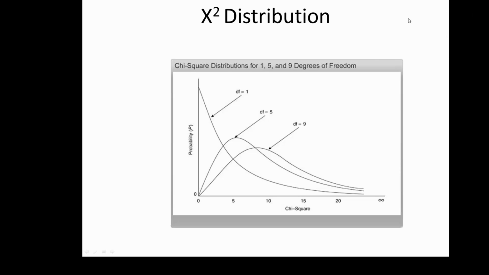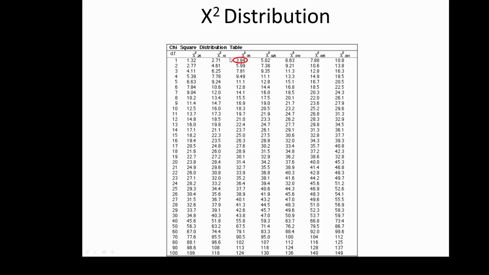A chi-square value also has a distribution. For 1 degree of freedom it has this distribution, and the more degrees of freedom you get, the larger your crosstab will be, the more flat the distribution will become. Now, using the degrees of freedom and a specific value of the confidence interval, you obtain a critical chi-square value. In this table, this is actually the border.